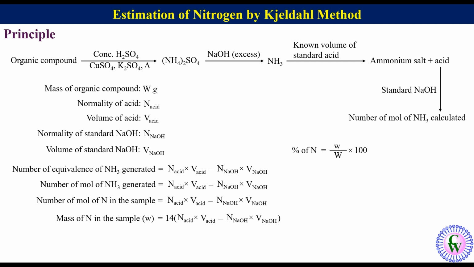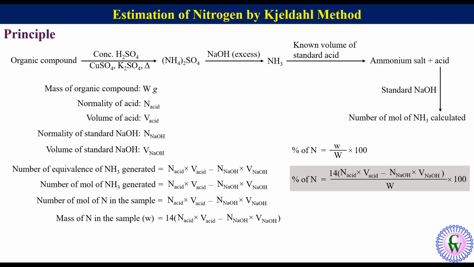Putting the value of small w will give percentage of nitrogen is equal to 14 into N acid into V acid minus N NaOH into V NaOH upon capital W into 100. So from this equation we can calculate percentage of nitrogen in the sample. Sometimes in the problem, actual volume of acid used for the neutralization of liberated ammonia is given.